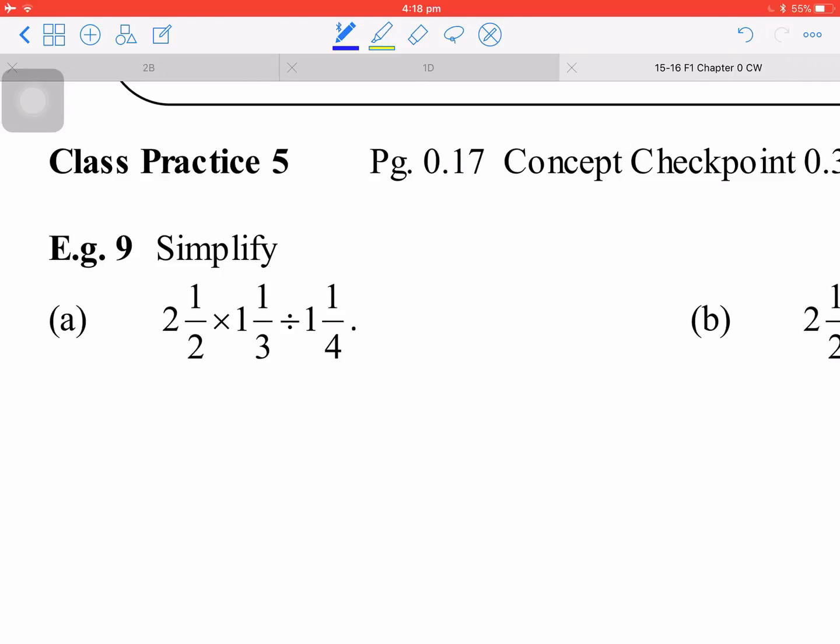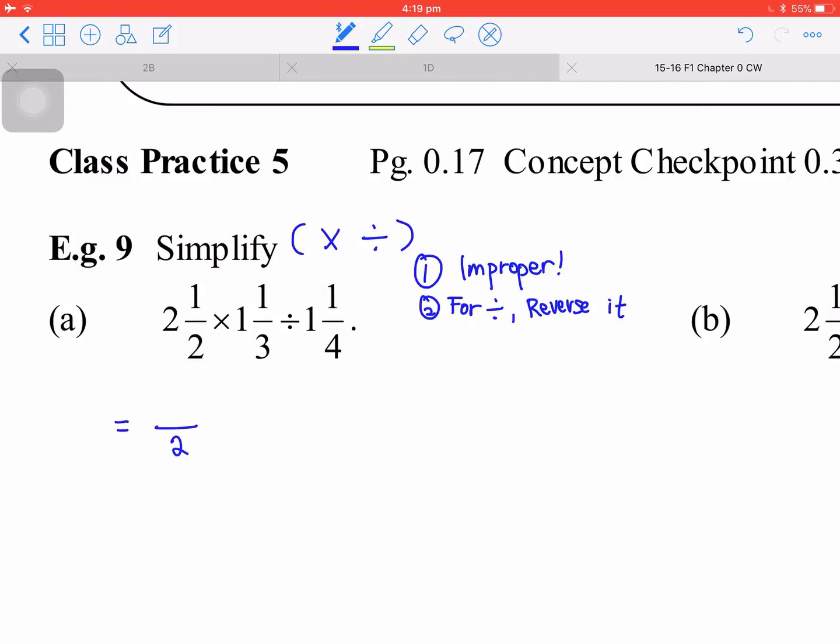Okay, here for simplifying something, it is about multiplication or division. For multiplication, you should change it to improper fraction, remember improper fraction. And then for division, reverse it. So let's see this example here.